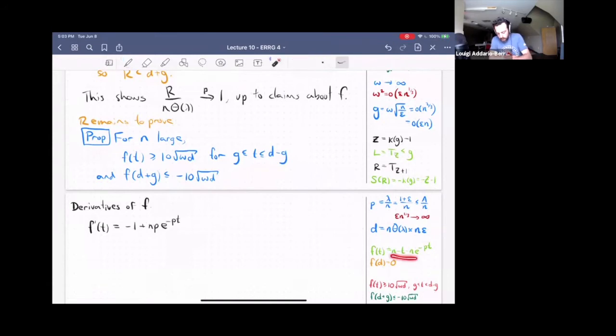Remember f is over here. I can rewrite that as minus 1 plus p times n minus t minus f of t, since n minus t minus f of t is n e to the minus pt.